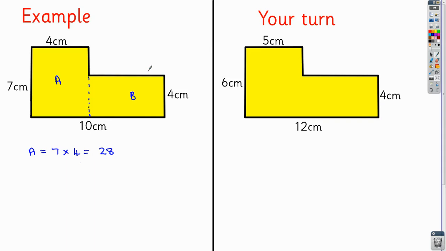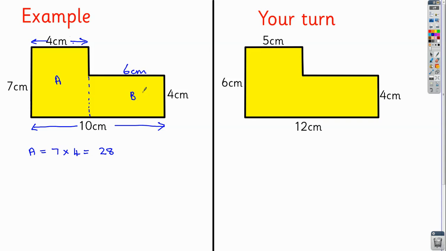Now I do know the whole thing is 10 across, and I know that this rectangle here is 4 across. So if the whole thing is 10 and this part here is 4, this one must be 6. So it's 10 subtract 4 gives me 6.